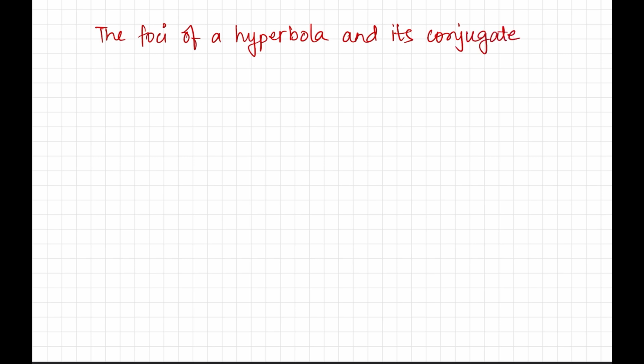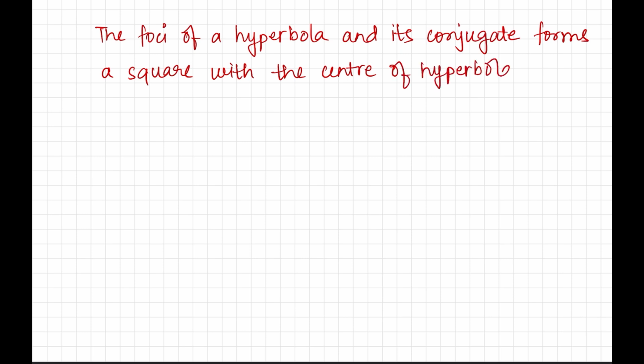That brings us to a conclusion, and we can write that the foci of a hyperbola and its conjugate form a square with the center of the hyperbola as the center of the square.